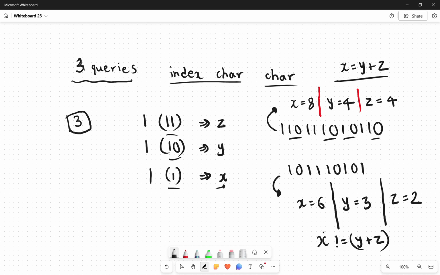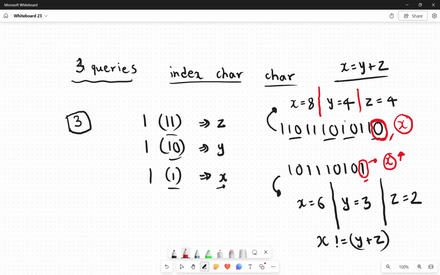Why does this happen? This happened because here the last character of the string was 1, and in the earlier string the last character was 0. If the last character is 1, it will contribute to x and make x increment by 1, but when it is 0, it won't increase x, right?